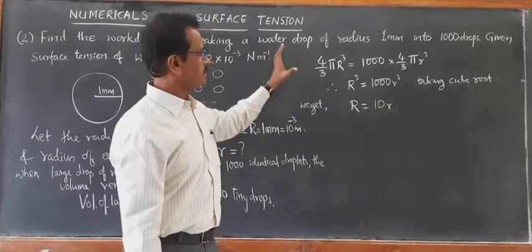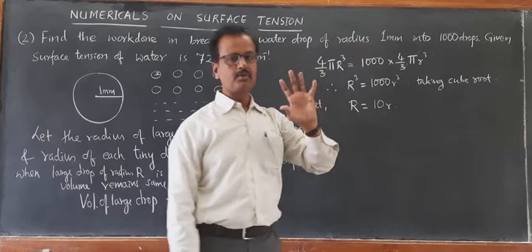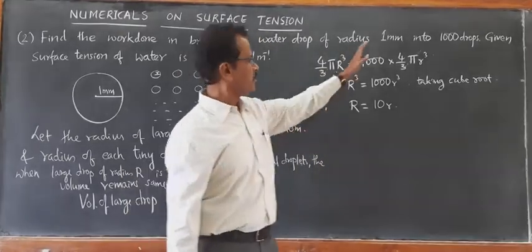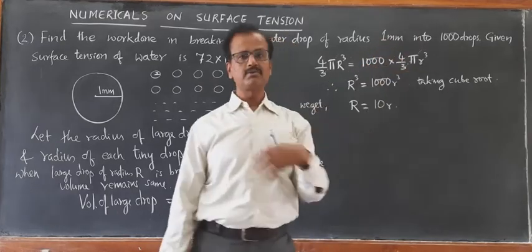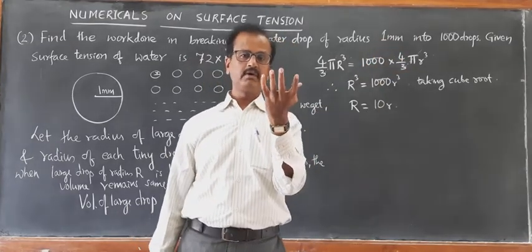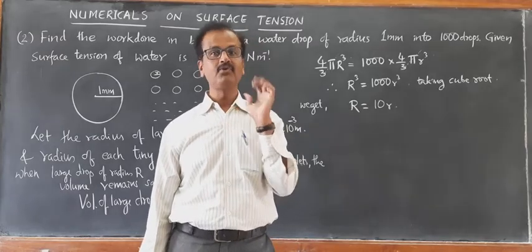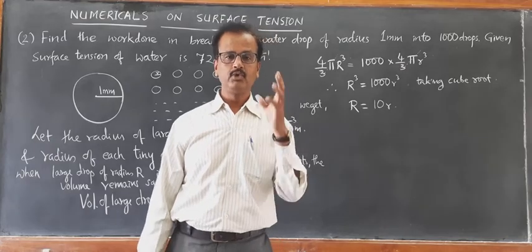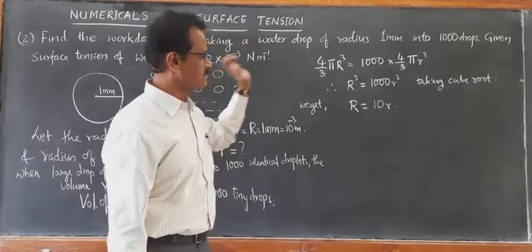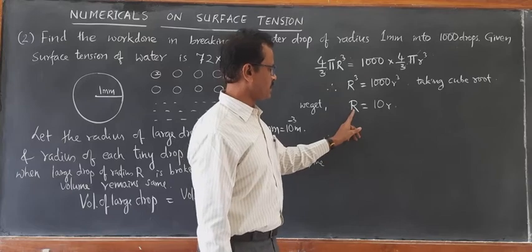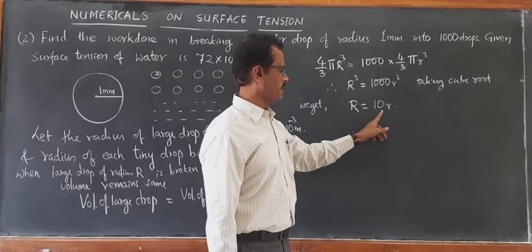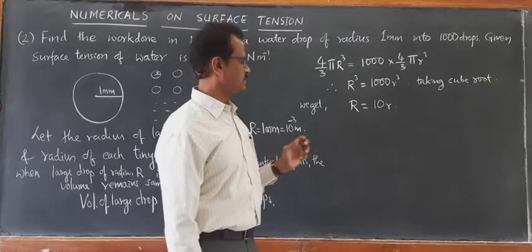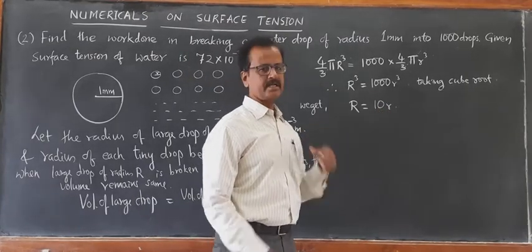Remember, if a drop is broken into 8 drops, the cube root of 8 is 2. If it is broken into 64 drops, the cube root of 64 is 4. Or into 27 drops, the cube root of 27 is 3. So remember this. The radius of the large drop is equal to 10 times the radius of each tiny drop.